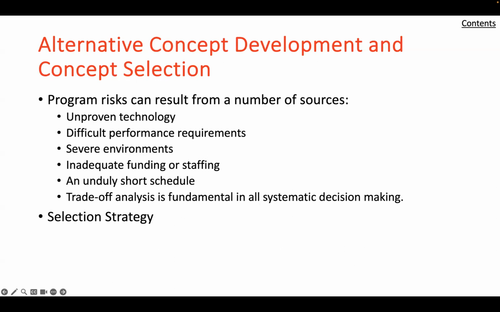Four, for each candidate concept, evaluate its expected compliance with each selection criterion. In the case of partial non-compliance, attempt to adjust the concept where possible to satisfy the criteria. Estimate the resultant performance, cost, risk, and schedule.